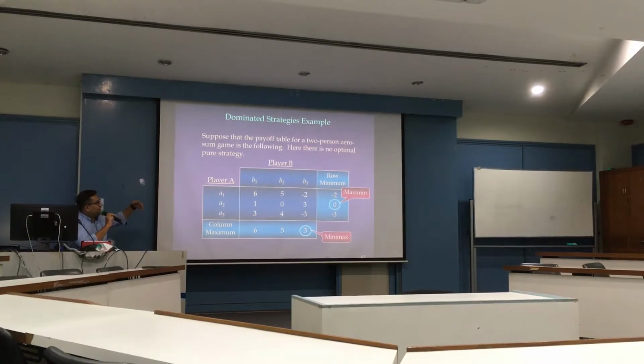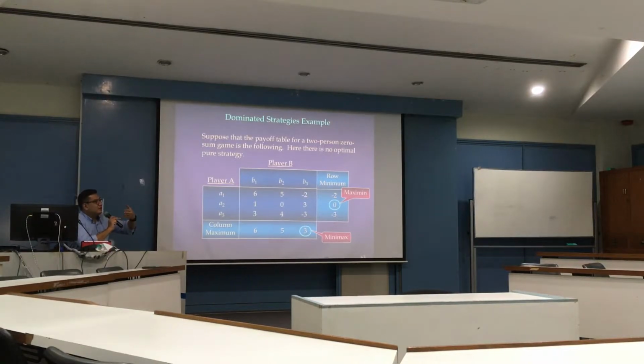If you let the probability for A1 equal to P, how about the probability of A2 and A3? We cannot write it.